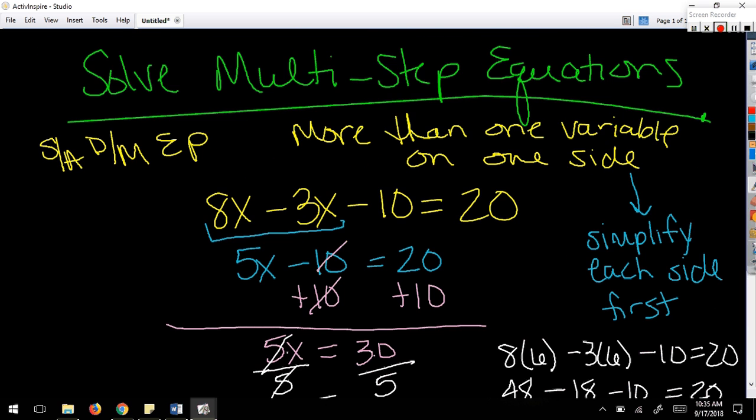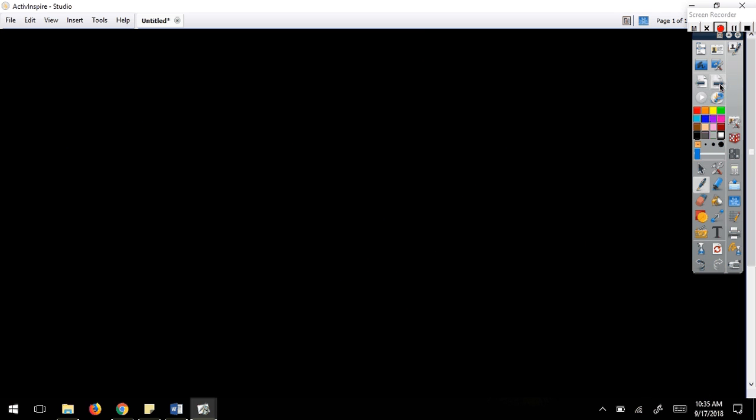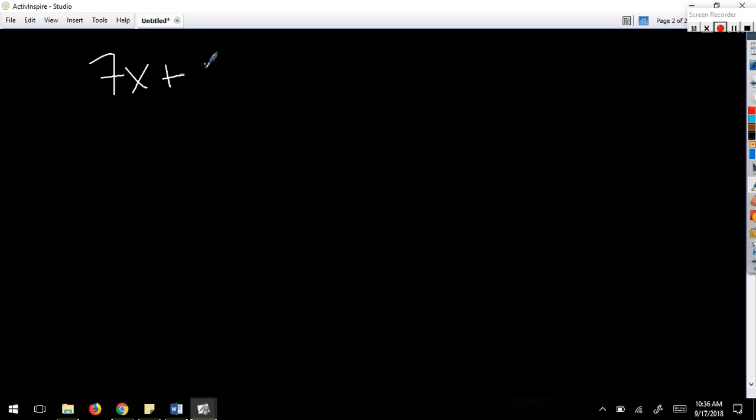All right, let's look at another scenario. So I told you you're going to have to distribute, and you're going to have to simplify on each side, because my brain's jumping ahead thinking about what we're going to have to do. Let's say I have something like this.